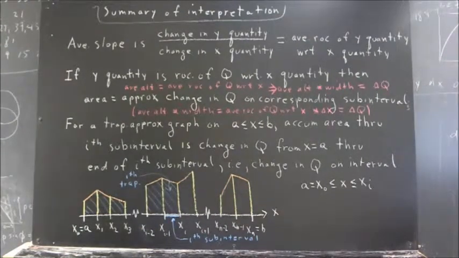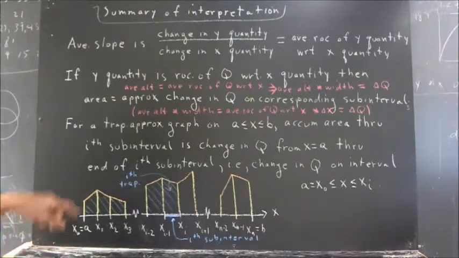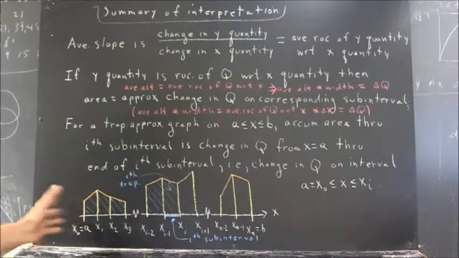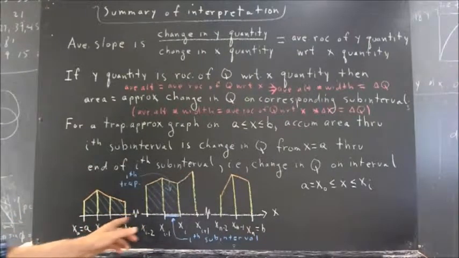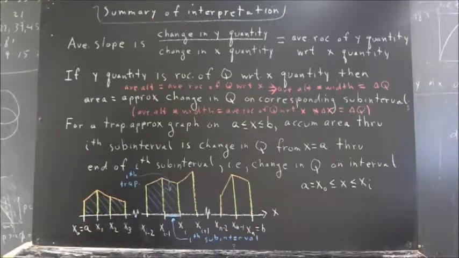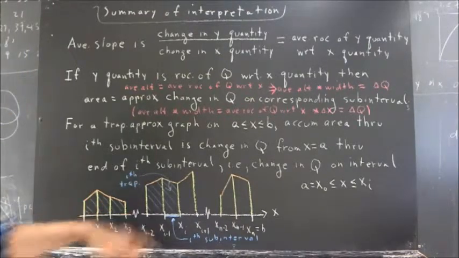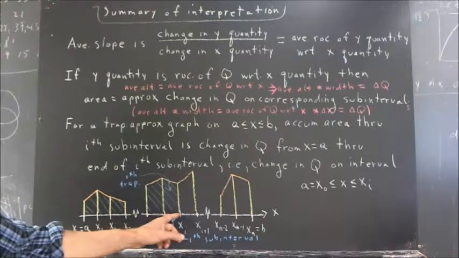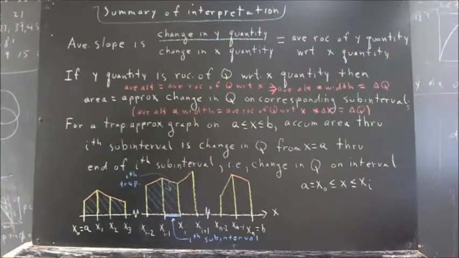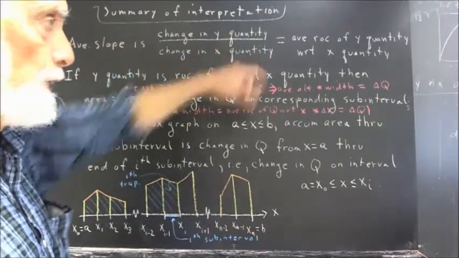So the accumulated area through the end of the ith subinterval is the total area in the shaded regions, including all the trapezoids between here and here, between x3 and x sub i minus 2, whatever i might be. We're going to include all those trapezoids all the way from here to here. It's going to give us the total change in our quantity q, again, assuming that the y quantity is the rate of change of q with respect to x.